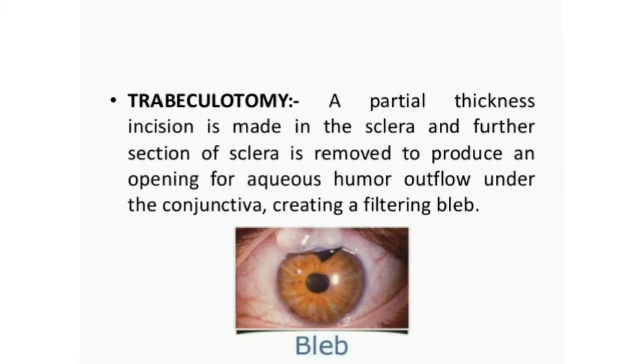So just under the conjunctiva layer, a bleb is formed. That is a filtration bleb. You can see the bleb picture, created just below the conjunctiva layer, and this bleb will actually help in the outflow and collection of the aqueous humor. So in this way, trabeculotomy is done.